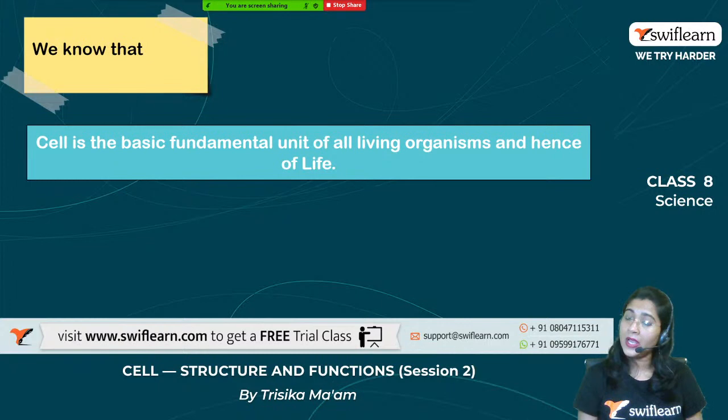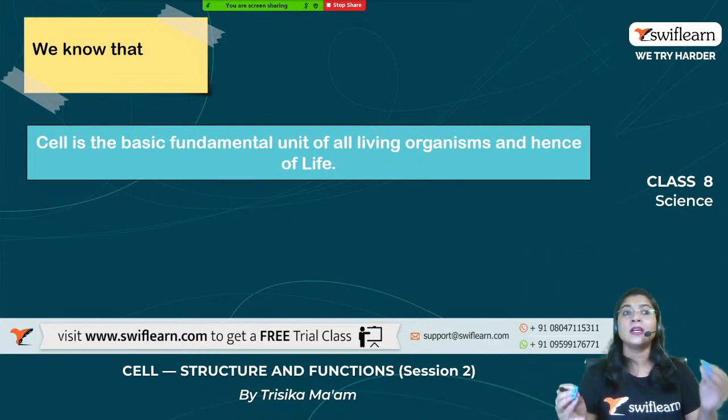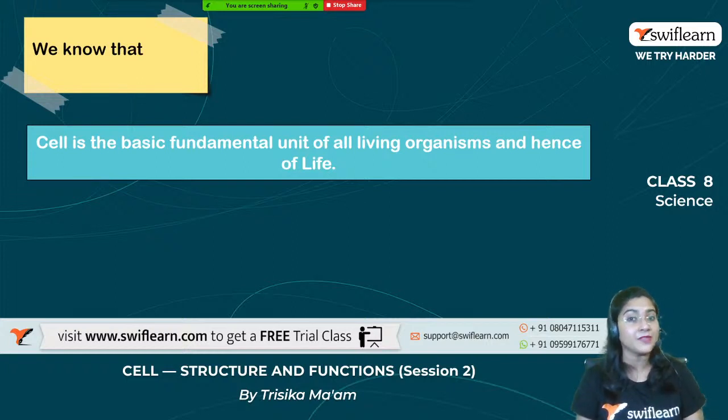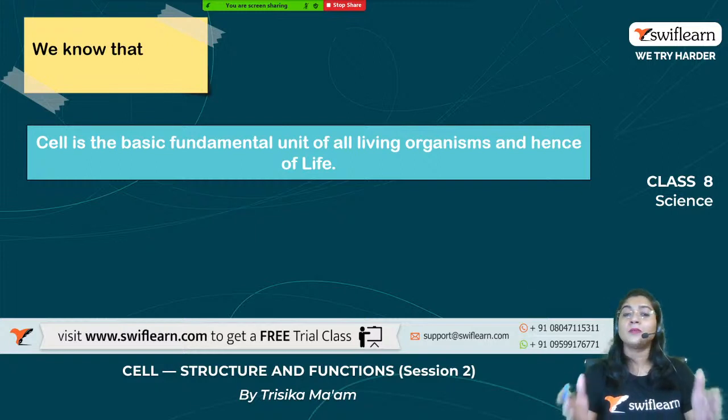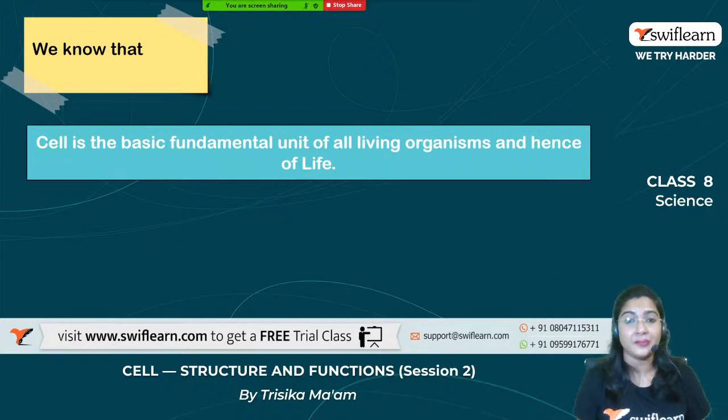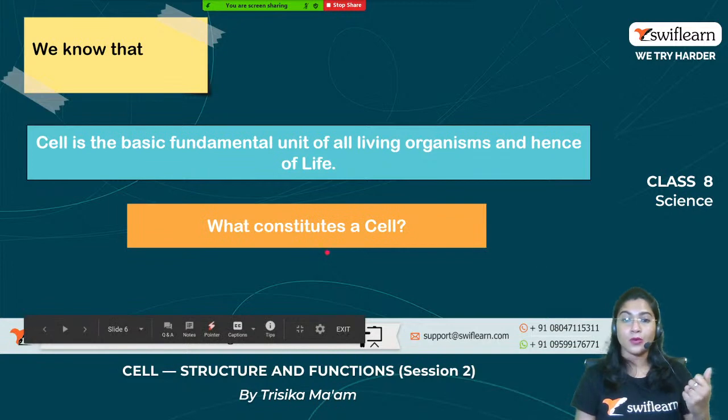I have already spoken about the different components of the cells, right? All these different components perform their specific functions, and together all the cells perform the vital activities of our body, and that is why it helps us to survive properly, right? So this is all about the cell, which we already studied in the previous class.